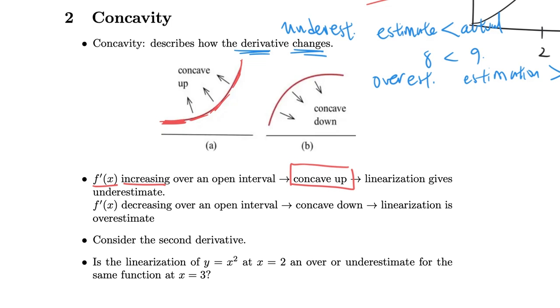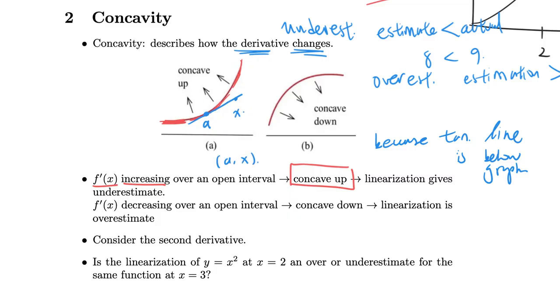Linearization gives an underestimate. This is actually really intuitive. If you pick a point here and you take a tangent line, this tangent line is always below the graph. Now notice, there is something very important here. Let's say your a is here and your x is here, then the open interval should simply be a and x, like this, or something that includes this interval.